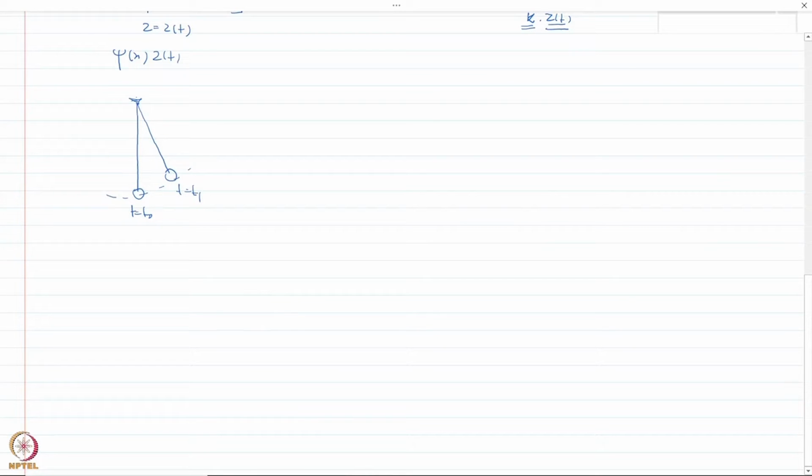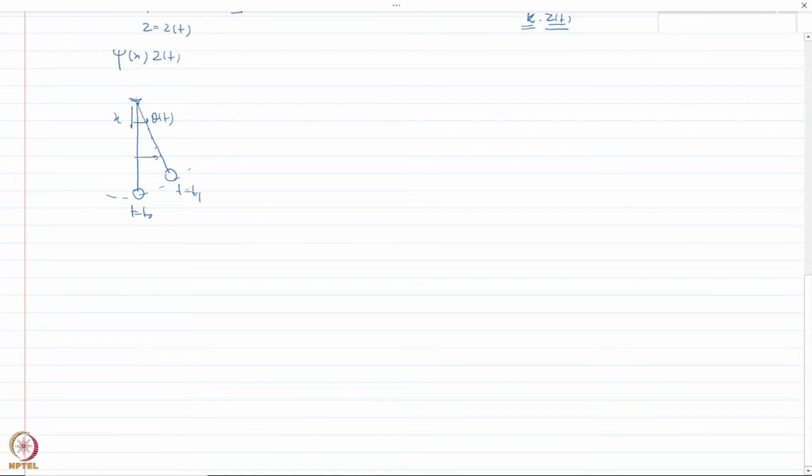Now, if I consider x to be the coordinate in this direction, and this to be theta t, which is changing with respect to time, I can find out the location of each and every point using this equation here.